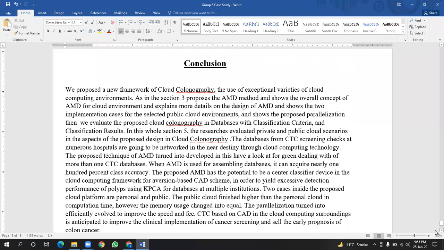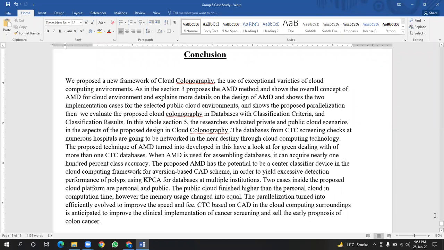My team members Armaghan Rehman, Muhammad Ali Bhatt and Mehreen also explained the AMD for the cloud computing environment, explained in more detail the design of the AMD, and showed the two implementation courses for the selected public cloud computing and their proposed parallelization.